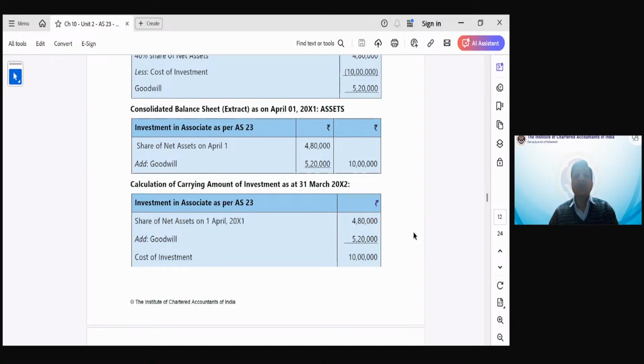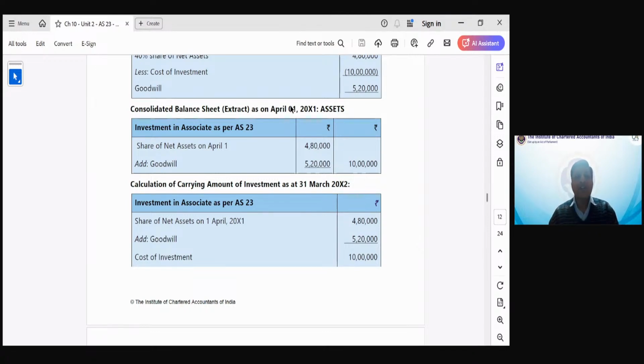Now, to this cost of investment, the proportionate share of net assets is required to be added. So every time you do the equity method of accounting, you will add the proportionate share of net assets. Yes or no?